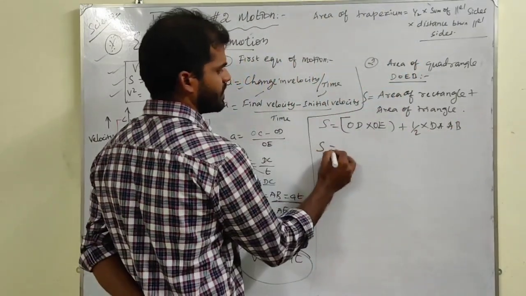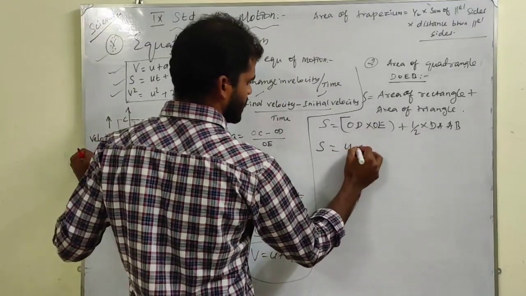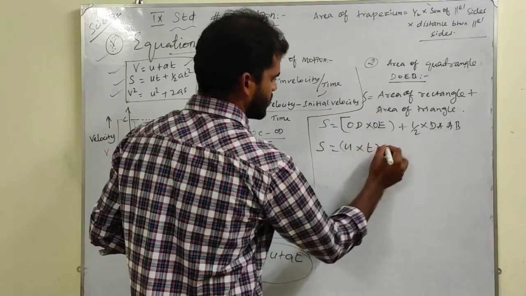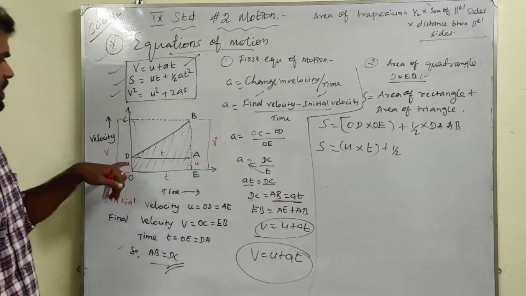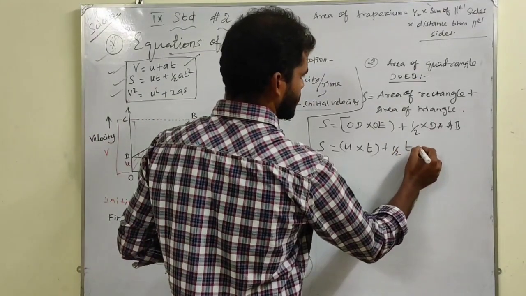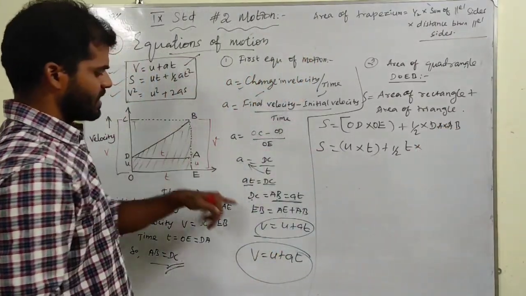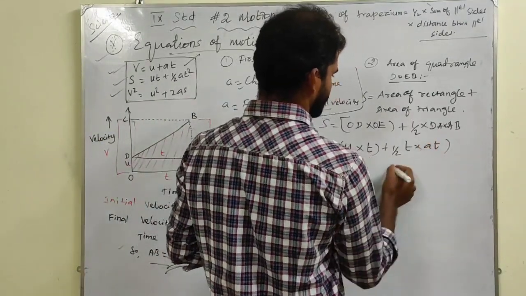That's it. So S is equal to OD. What is the value of OD? That is U into OE, that is T, plus half into DA, that is again T, into AB, value already we have found, that is AT, right?